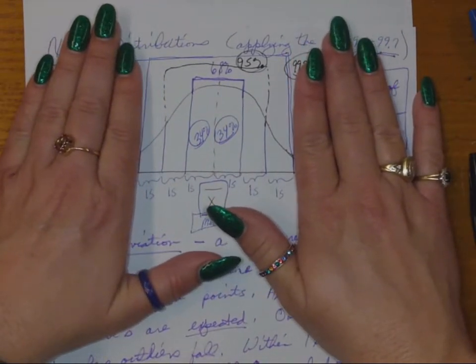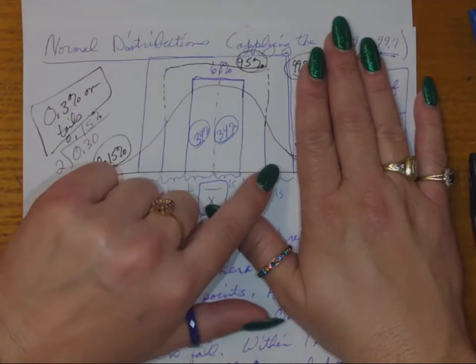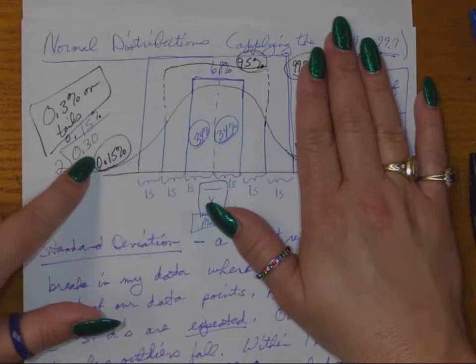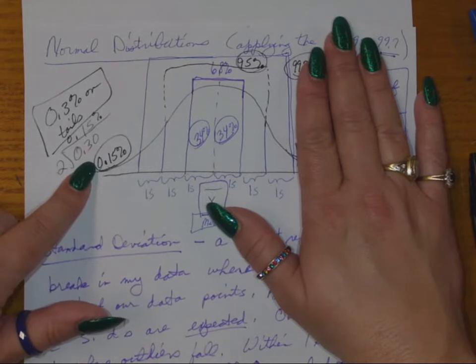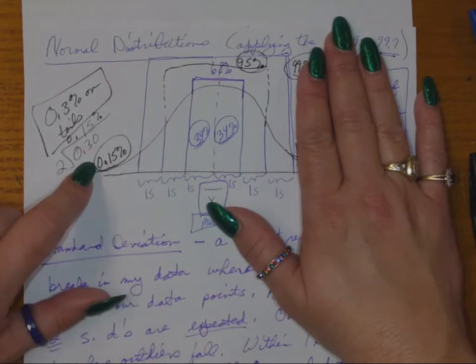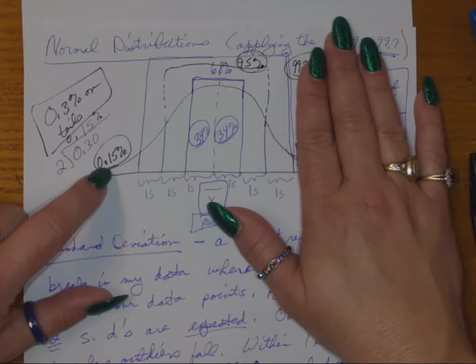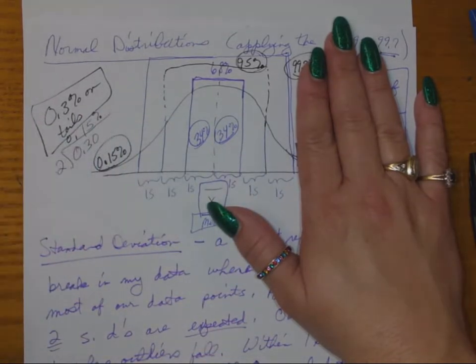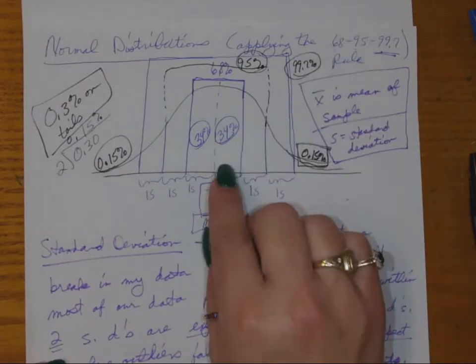That's the 99.7. But if I said below this point, I would have to do the 99.7 plus the 0.15%, right? So 99.7 plus 0.15, that's 99.85%. Okay, so we're going to have to do maybe a little bit of addition, maybe a little bit of arithmetic here. Okay, so let's keep going.